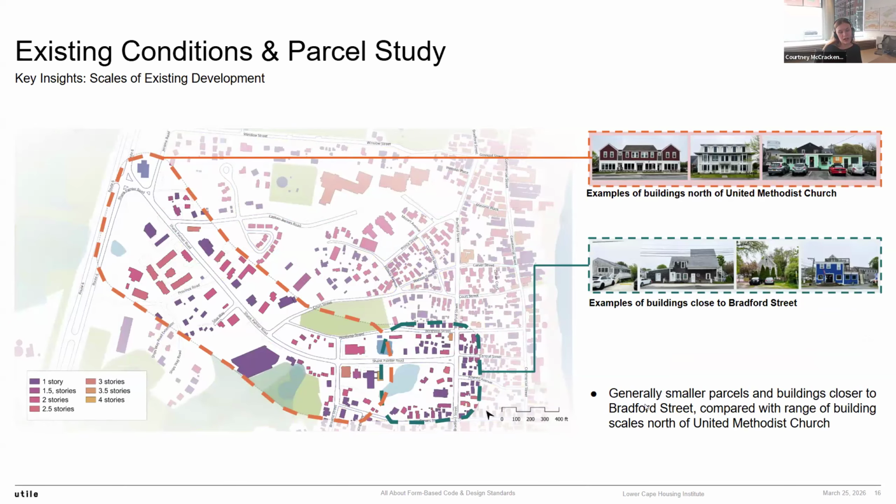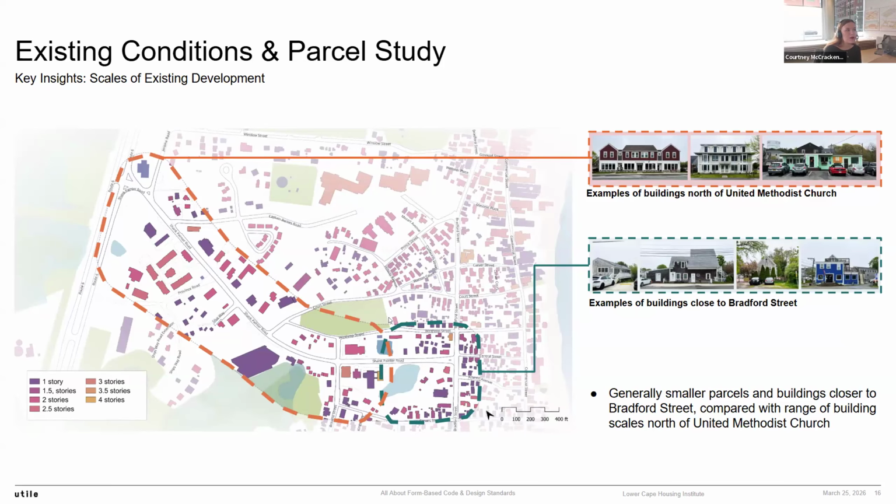So where you see these two separate colored bubbles, that's where we started to separate these two zoning districts. So this map here just looks at the story heights of the different buildings that existed on site. So you're looking at about 2 stories as the maximum. There's a couple outliers that are a little bit taller, but for the most part, that's about the maximum that Provincetown was building at the time.